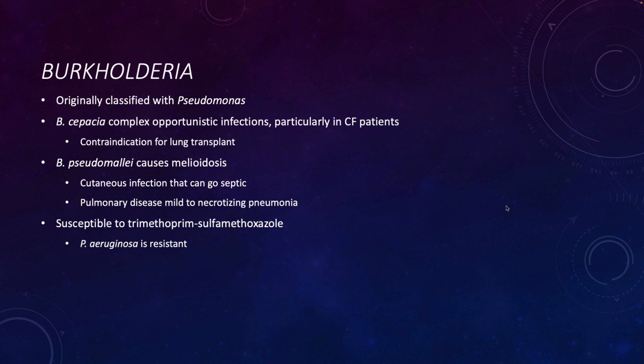Very briefly, another genus to talk about that's very closely related to Pseudomonas, in fact it used to be considered part of Pseudomonas, is Burkholderia. The reason that I talk about Burkholderia is because this organism, Burkholderia cepacia, and very closely related species, cause opportunistic infections, generally in the lungs, particularly in patients with cystic fibrosis.